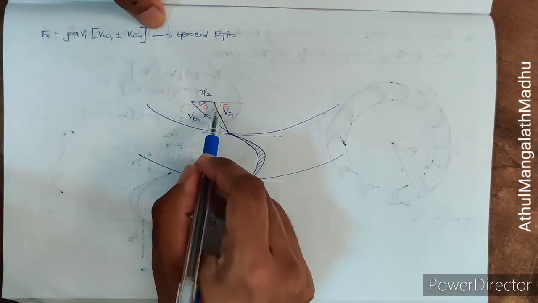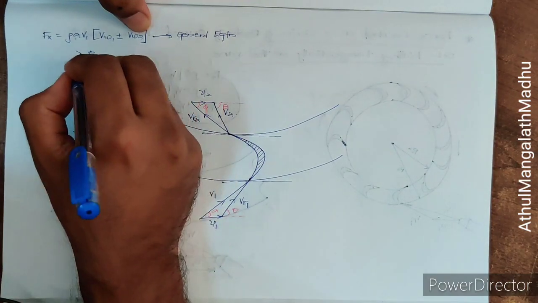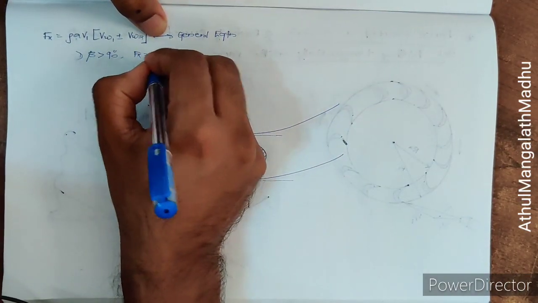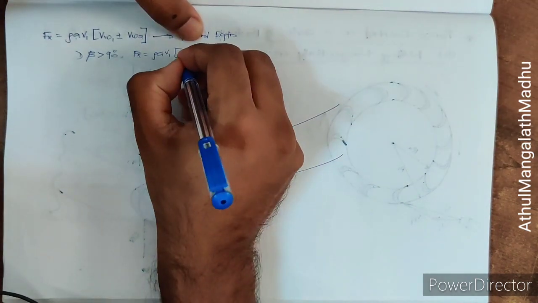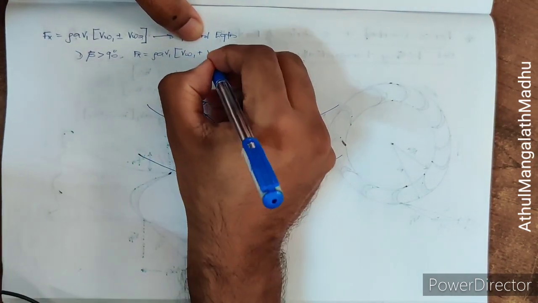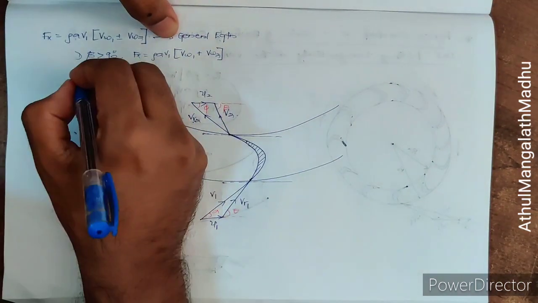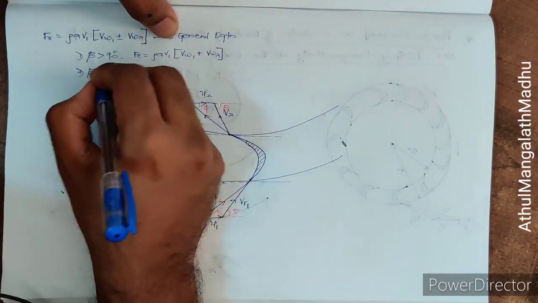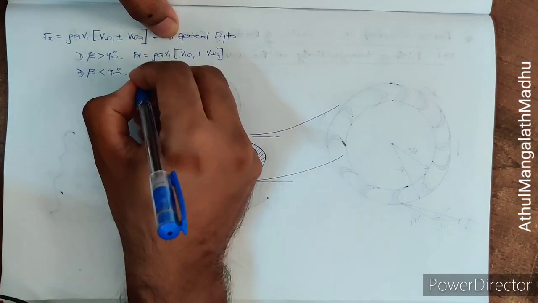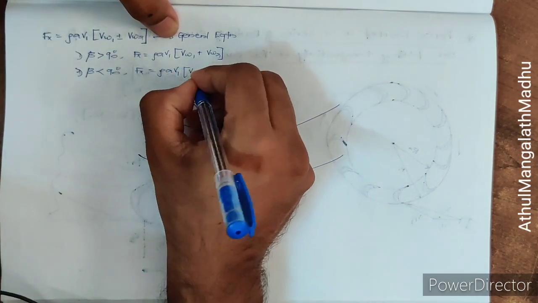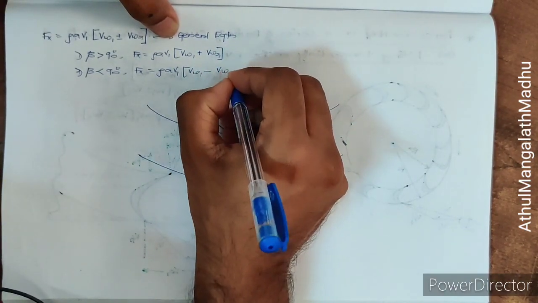That means when this angle beta is less than 90 degrees, you can write Fx is equal to rho a v1 into vw1 plus vw2. This was the equation when it was acute. But when beta is more than 90 degrees, Fx is equal to rho a v1 into vw1 minus vw2.